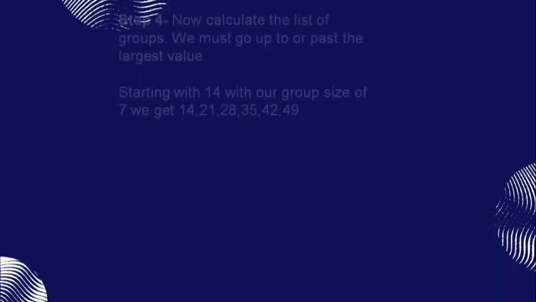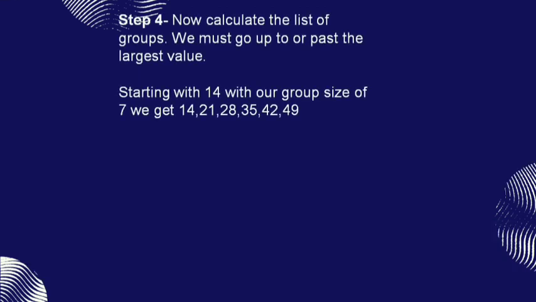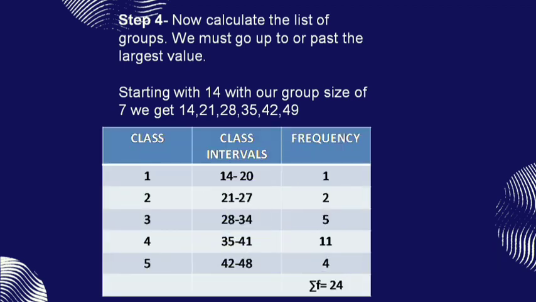The next step is to calculate the list of groups. We must go up to or past the largest value. Starting from 14 with our group size 7, we get 14, 21, 28, 35, 42 and 49. The first class interval will be 14 to 20. This is because our group size is 7.